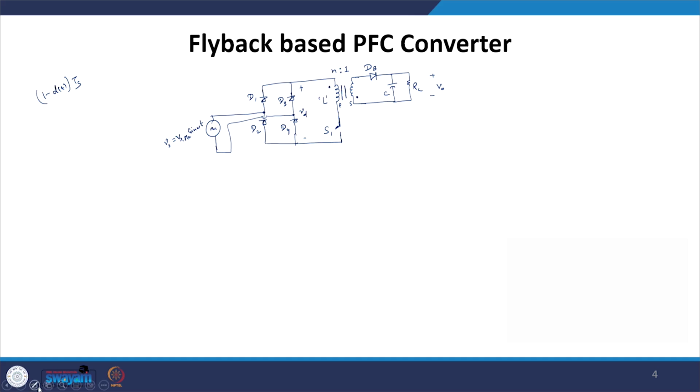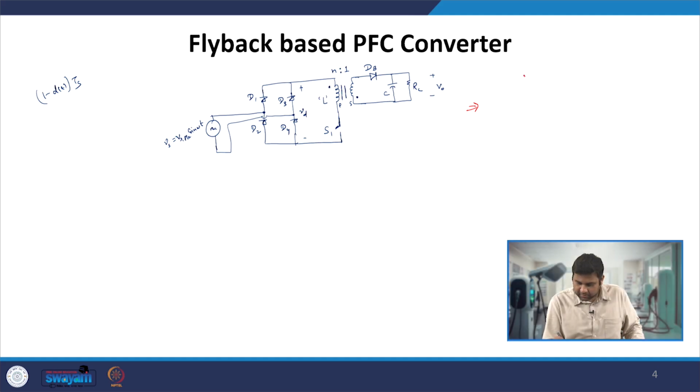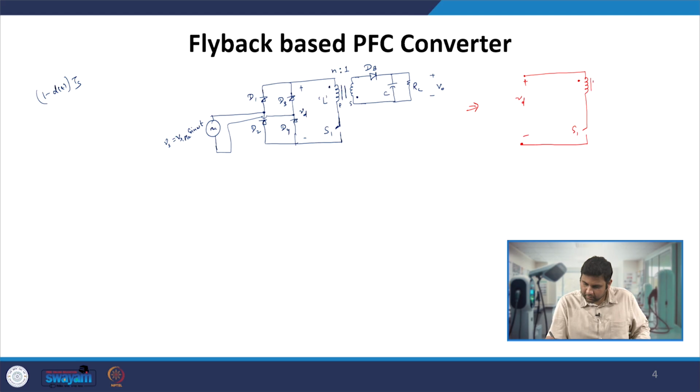During 1 minus d of Ts period, my S1 is off, and let me draw from here Vd. Now S1 is open.